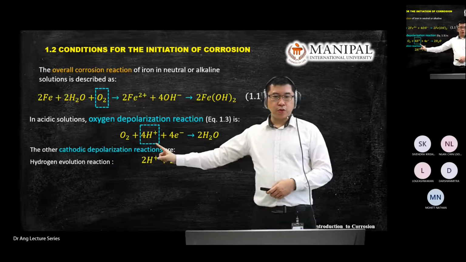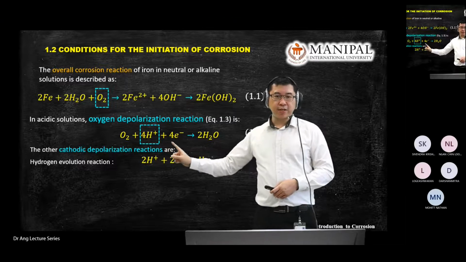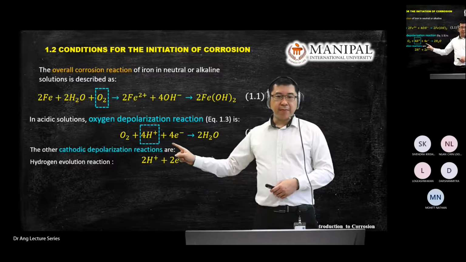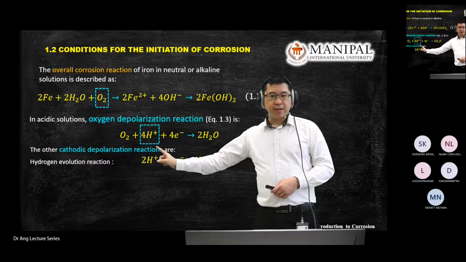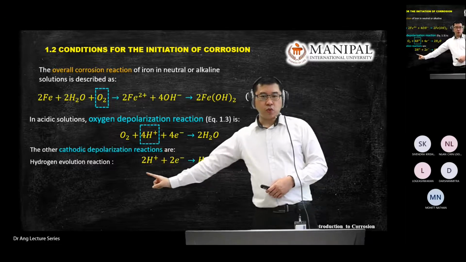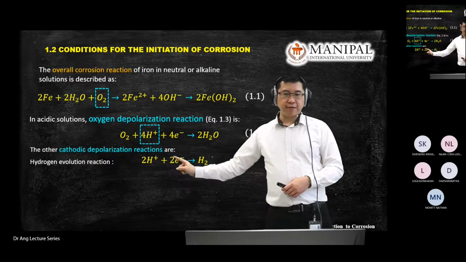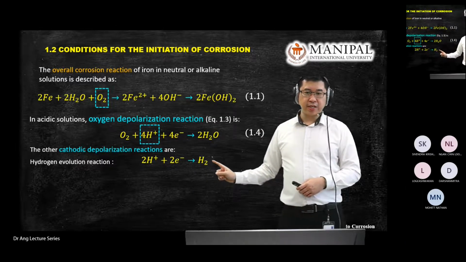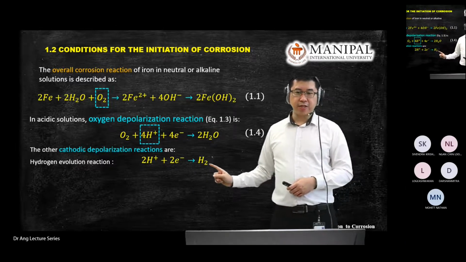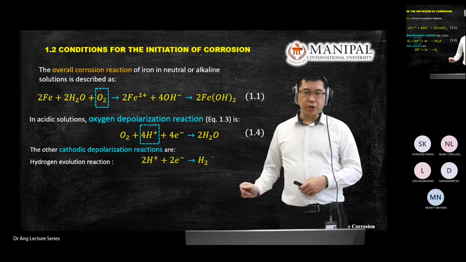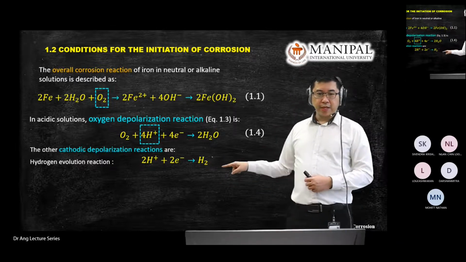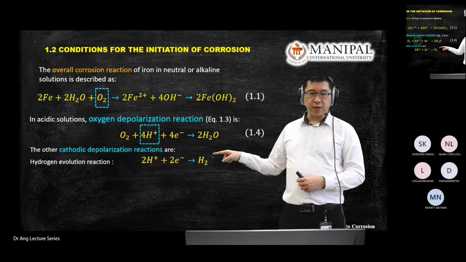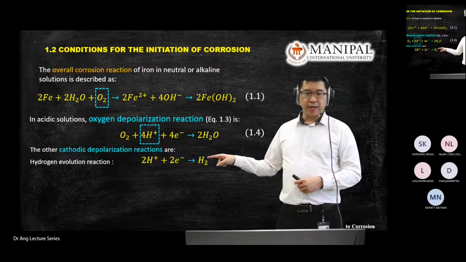So you simplify these two equations. The minimum ion that you need is 2H+ plus 2e- to get hydrogen gas, or hydrogen molecule H2. Okay, so this process is called hydrogen depolarization.